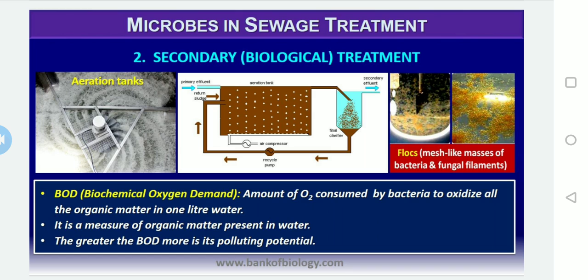While we are measuring, based on this BOD, we can identify whether a particular source of water is polluted or not. It is a measure of the organic matter present in water. As I said in the beginning, the greater the BOD, the more its polluting potential. This is how the aeration tanks and the secondary treatment are done in the sewage treatment plants.